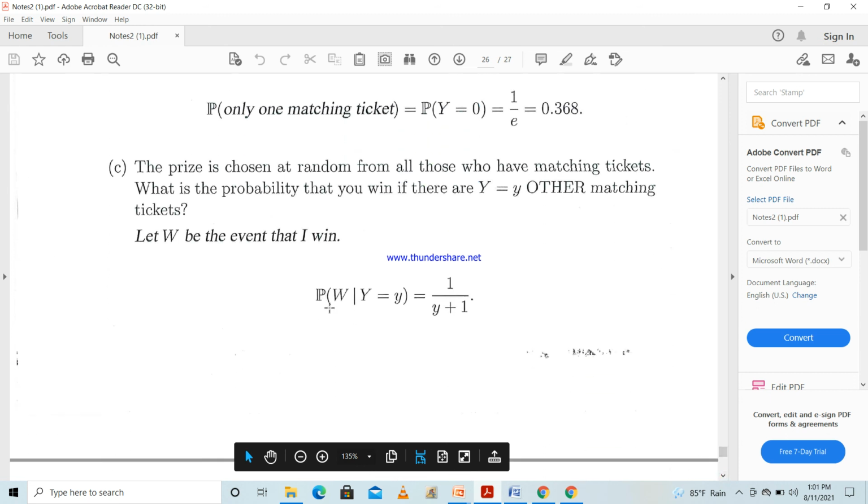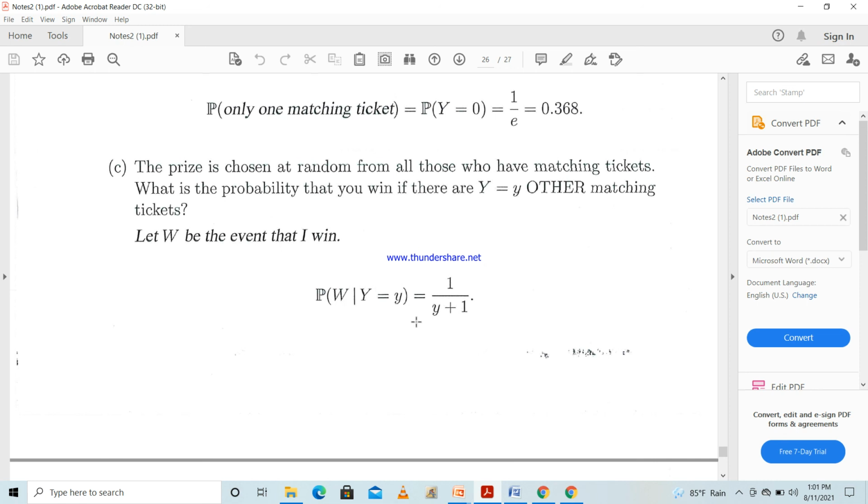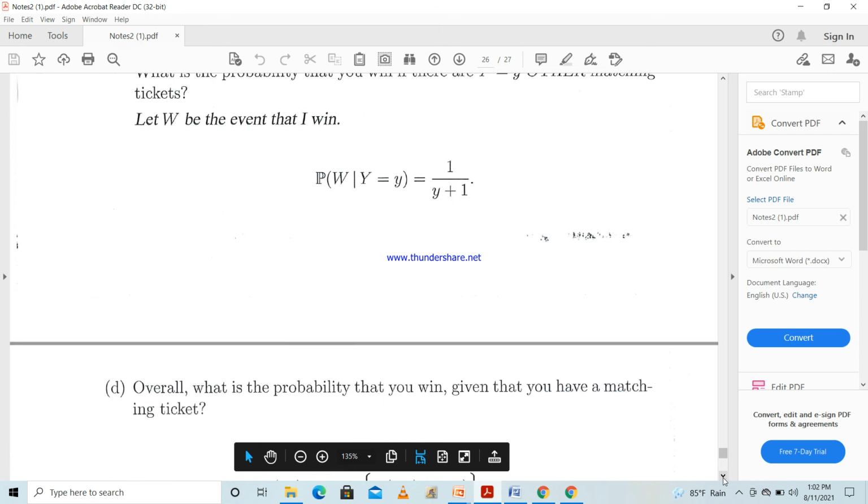So we want to find the probability of W where you have some number Y of other tickets with the matching numbers. Altogether you have your ticket and Y other tickets, so Y plus 1 tickets with the matching numbers. From that you have to select only your ticket, so the probability of winning is 1 over Y plus 1.